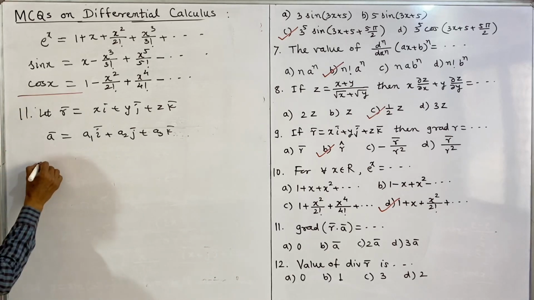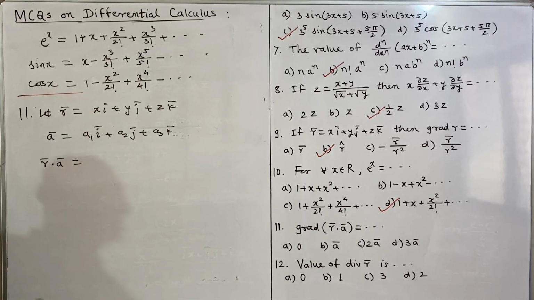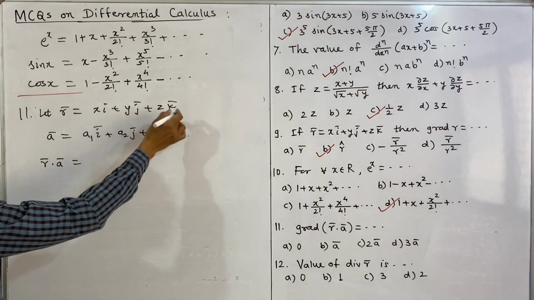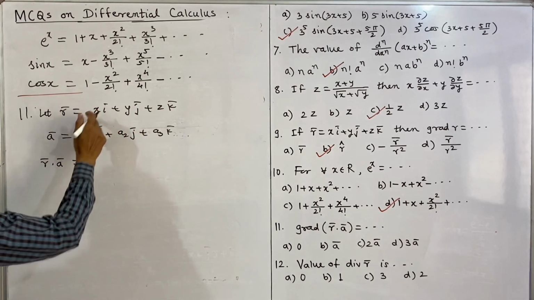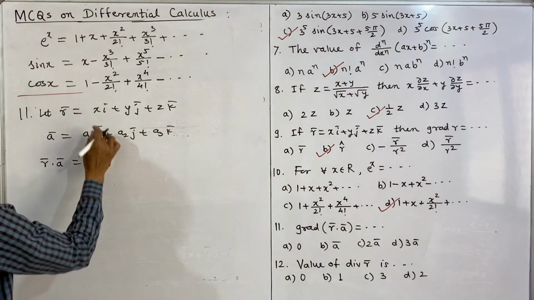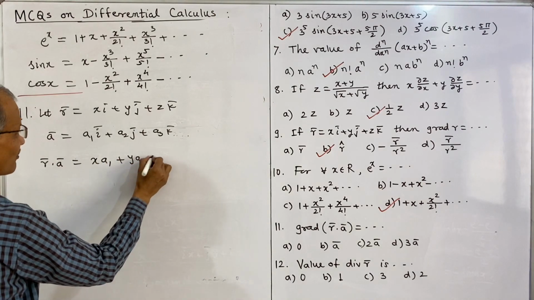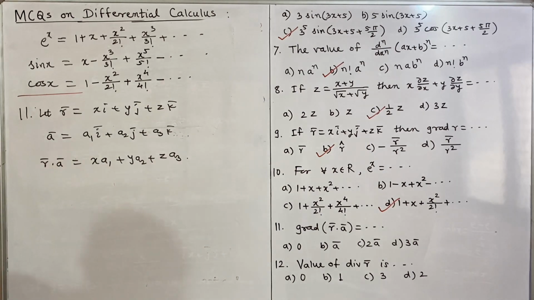Then what is r bar dot a bar? In the dot product of these two vectors, i dot i is 1, j dot j is 1, k dot k is 1, and i dot j etc. will be 0. So that will be x a1 plus y a2 plus z a3, which is r bar dot a bar.